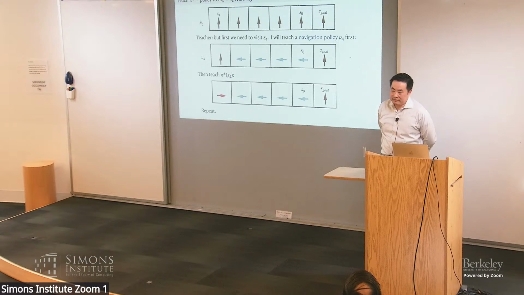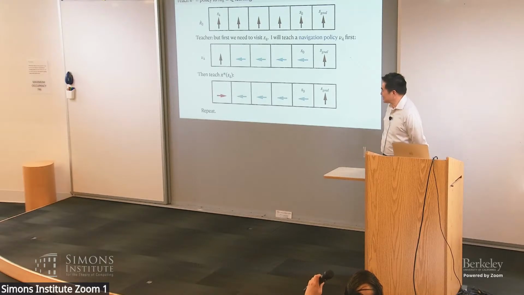On those types of RL agents, it's actually much easier to do teaching or control, compared to this type of learner, which is doing standard reinforcement learning, such as Q-learning. That's why there's all this complication.